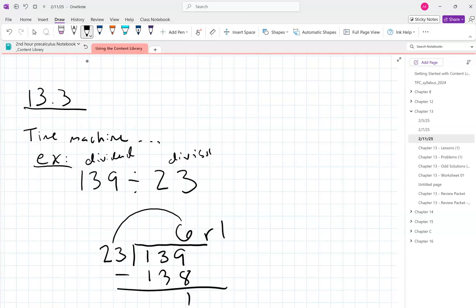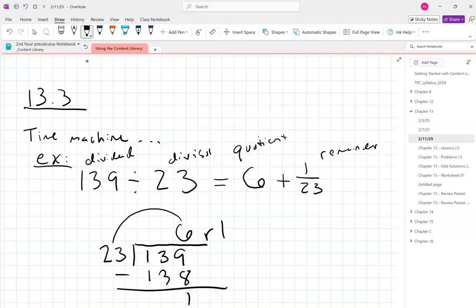So you might have gone ahead and written your answer then as 6 plus 1 over 23, where this number 6 is called the quotient, and the 1 is called the remainder. So 139 divided by 23 is 6 and 1/23, or 6 remainder 1.